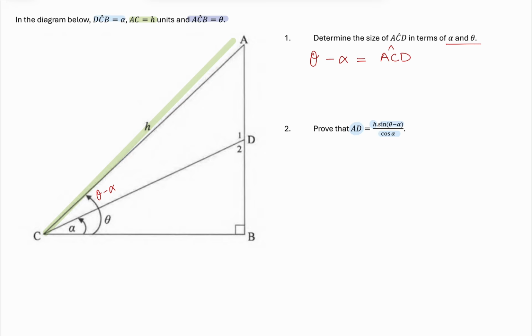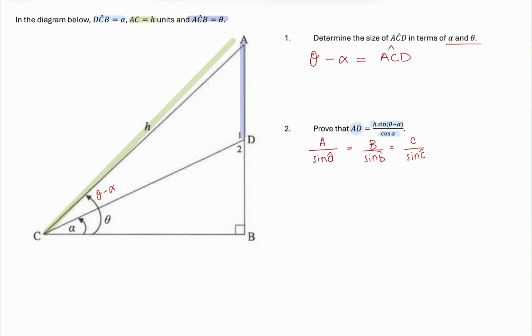And don't forget that your sine rule would be in the form of a over sine A, b over sine B, and c over sine C. Okay, now let's just make that a lowercase b so that you can distinguish the difference. But what is important is knowing what triangle you're working from. So they want AD. So they are looking over here.